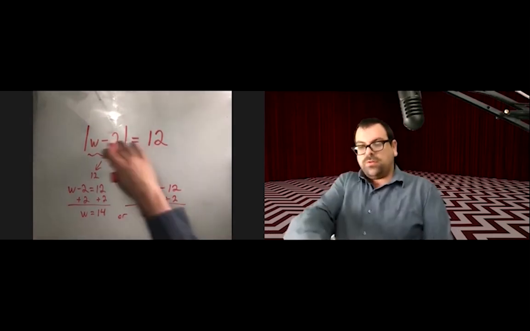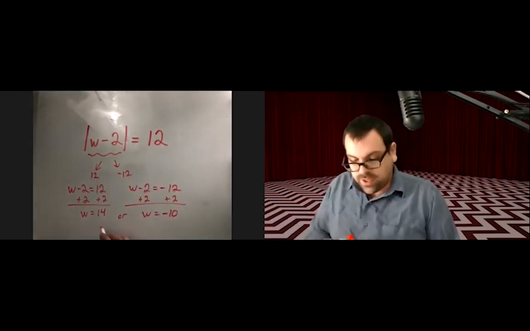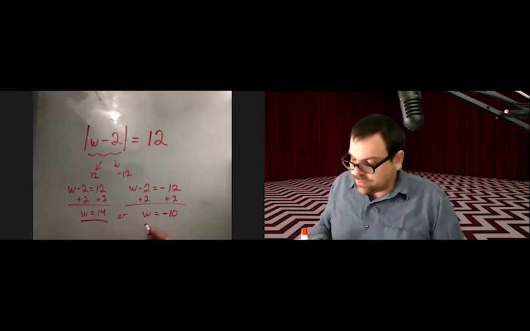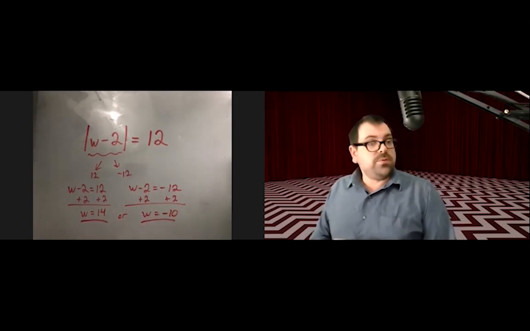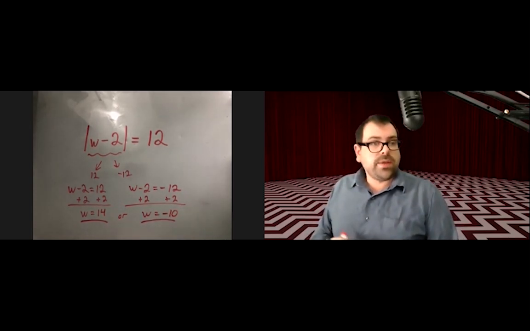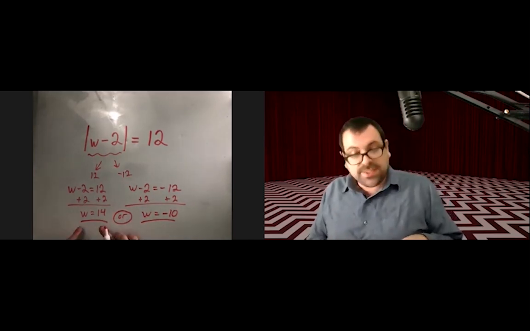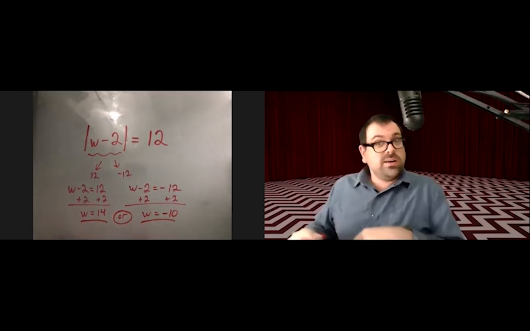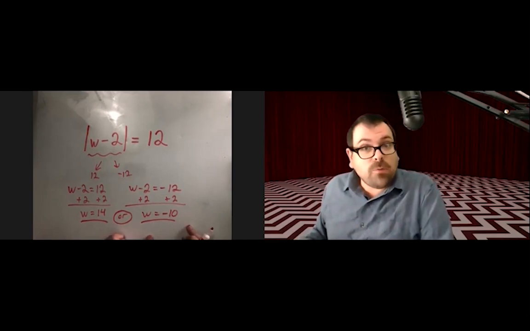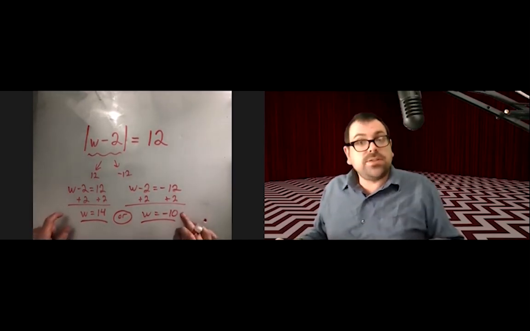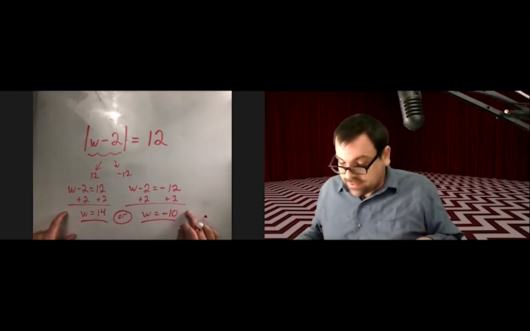So in order for this equation to be true, either w equals 14 or w equals negative 10. And just because we say or doesn't mean you're right if you say this one or you're right if you say that one. The correct answer needs both of these.